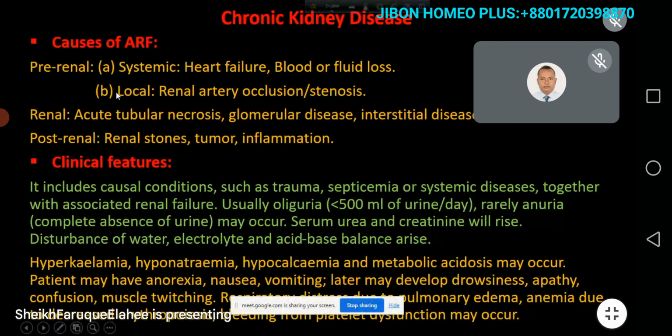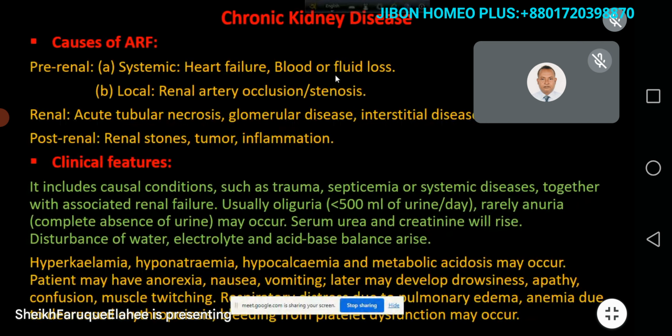So pre-renal means before renal. If the person has heart failure, his kidney is okay, but he has heart failure, or he has severe blood loss or fluid loss. Say a woman after giving birth is losing too much blood. Or a person having too much vomiting of blood from a gastric ulcer, or bleeding from his rectum, then by this blood loss he will have shock and it will affect his kidney.